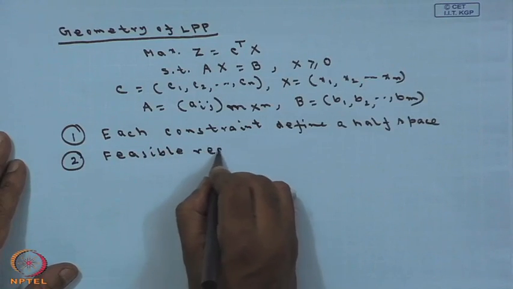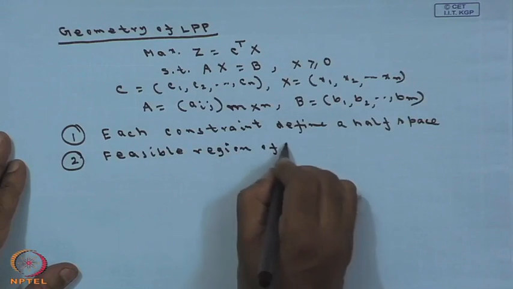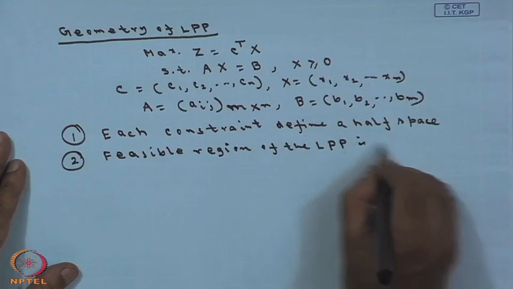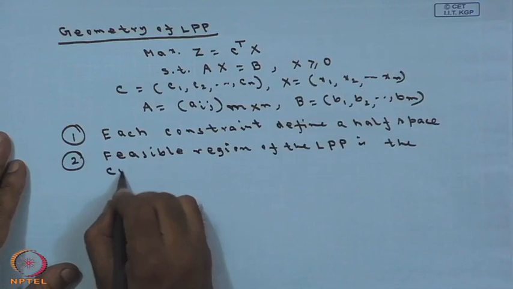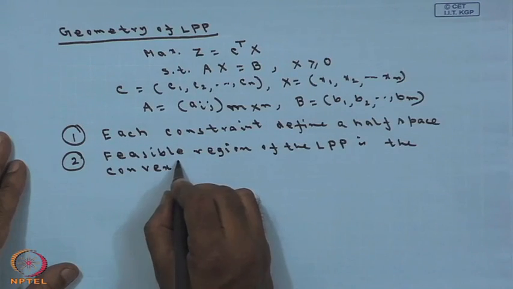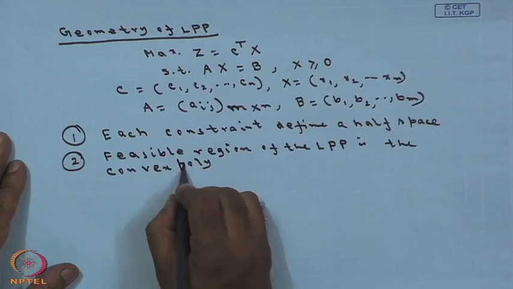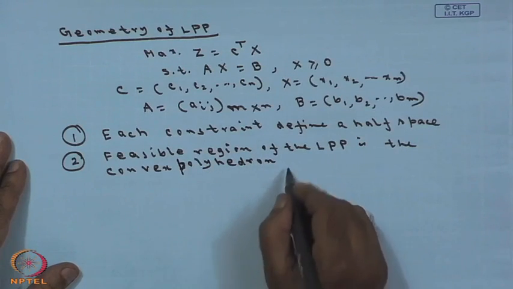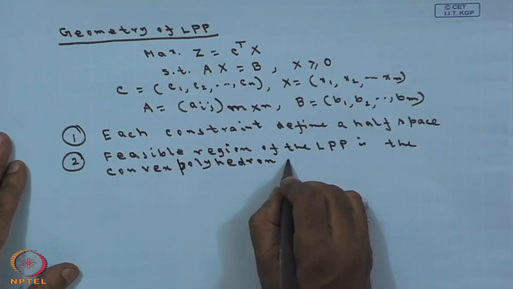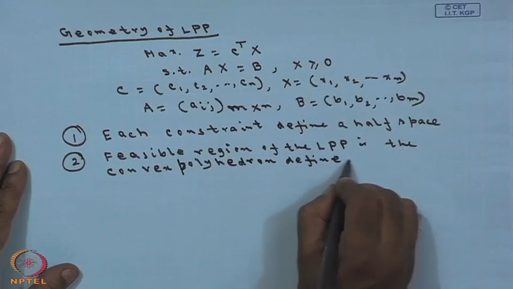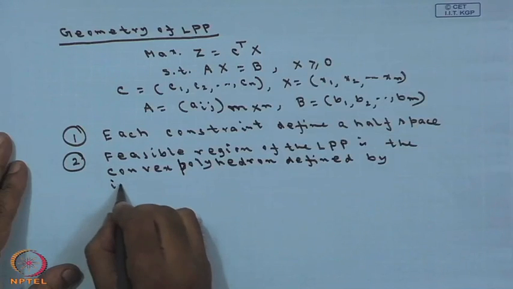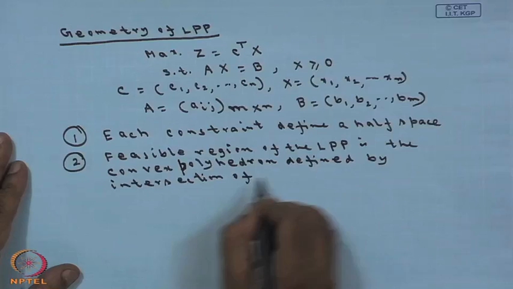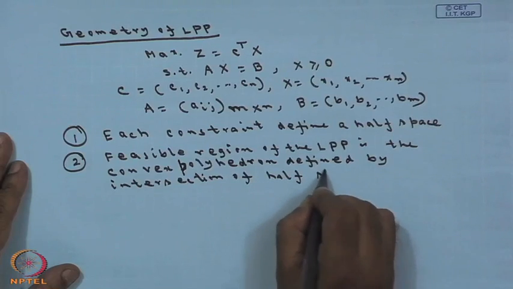The feasible region of the LPP is the convex polyhedron defined by the intersection of half spaces.